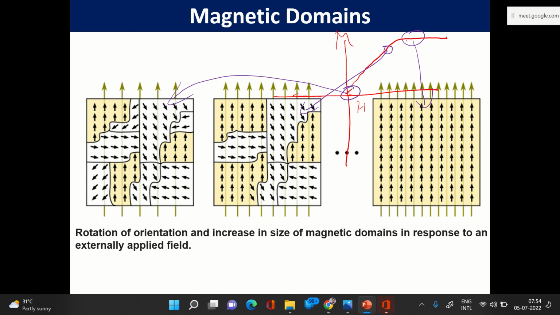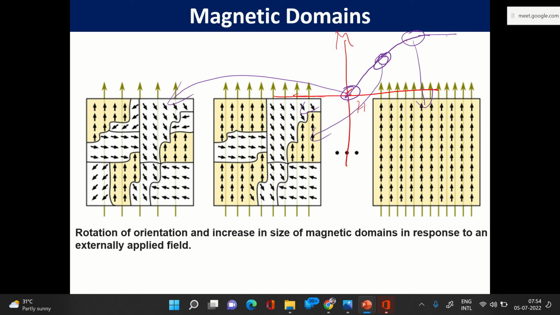Okay, starting point, overall the spins are random, then at some point in the middle you have growth happening, and gradually you are moving to saturation. So that is the situation that you have to understand.